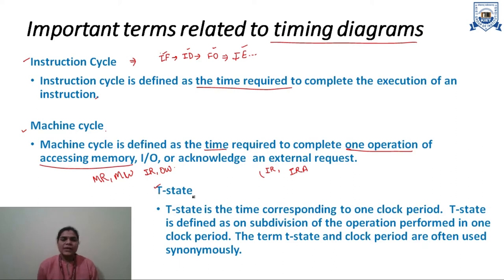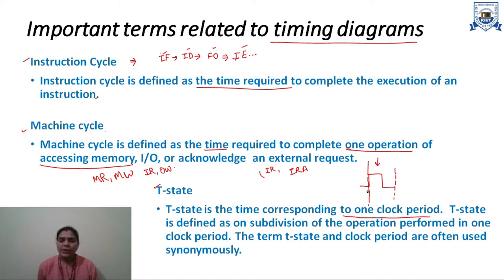Now, what is a T state? T state is the time corresponding to one clock period. Clock is a series of clock pulses. So one clock period is termed as clock pulse or T state.